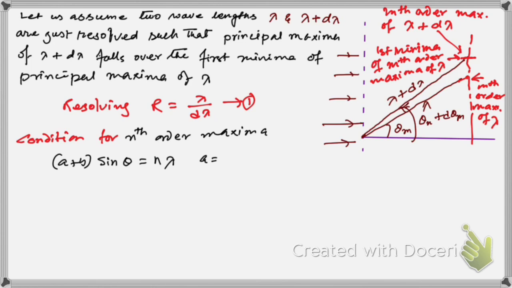Here a is the width of the slit and b is the width of separation.